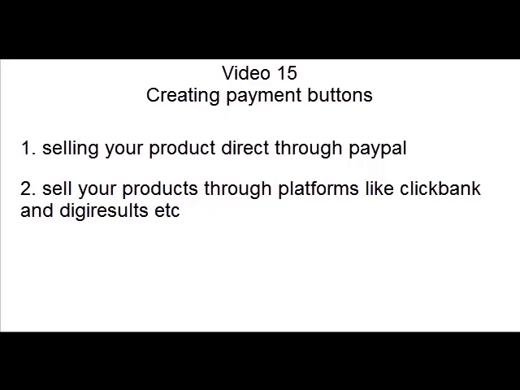Depending which one you choose depends how you set up all of your buttons for your pages. So in this video I'm going to walk you through exactly what you need to do for both types.